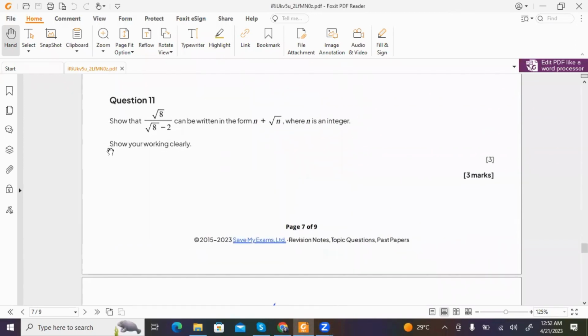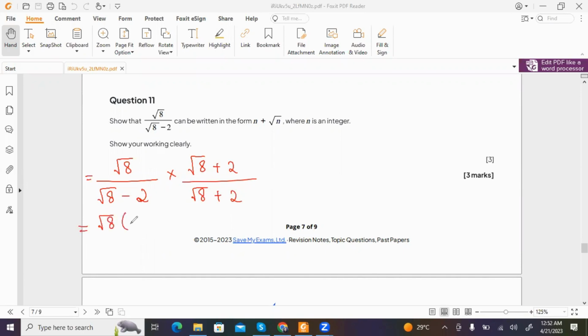Question 11 says, show that root 8 over root 8 minus 2 can be written in the form n plus root n. Once again, same steps. Multiply and divide the fraction by the conjugate of the denominator. This is going to be root 8 plus 2 over root 8 plus 2.